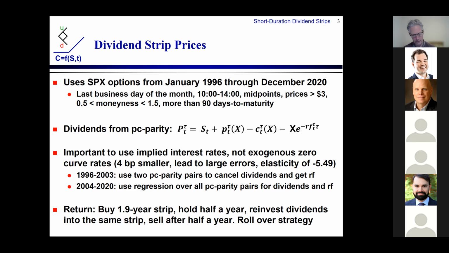It runs for half a year, and then we're investing into a fresh 1.9 year strip. We're holding that. So this is a rolling claim, collecting these dividends over and over again. And the maturity is always varying, okay? As we are getting shorter and shorter to 1.4 years, and then we're moving back out to 1.9 year.